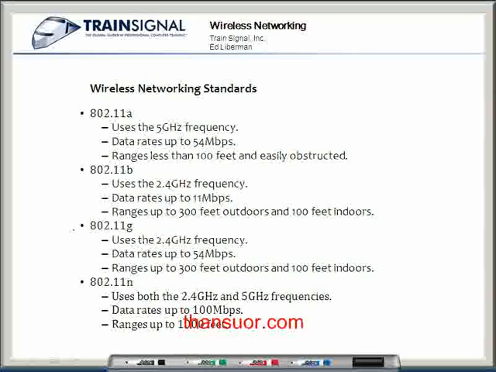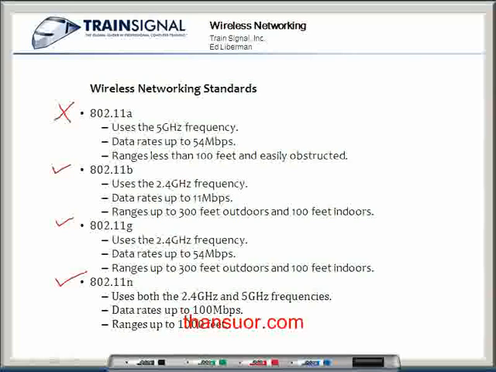Although I will tell you that by today's standards, these bottom two, 802.11g and 802.11n, are really the only two that are being used anymore. Every once in a while, you might still come across somebody using 802.11b, and I'd be really shocked if you ever found anybody still using 802.11a. Now, let's take a look at some of the specifics that go along with these, because you're going to need to know these.